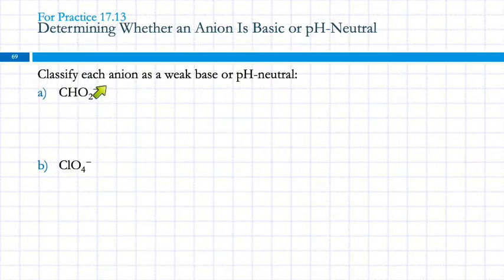So what we want to do is look at this anion and ask ourselves, what's the acid that it came from? Just slap a hydrogen ion on it. This is our conjugate acid-base pair.